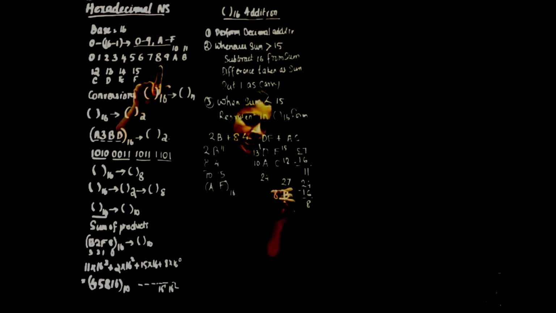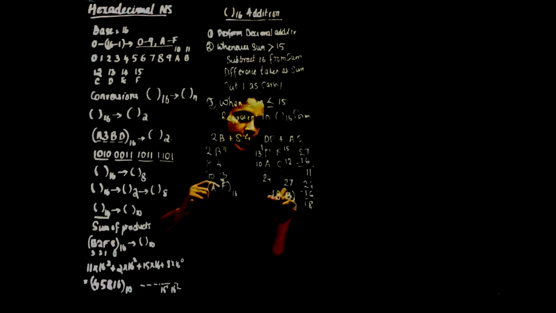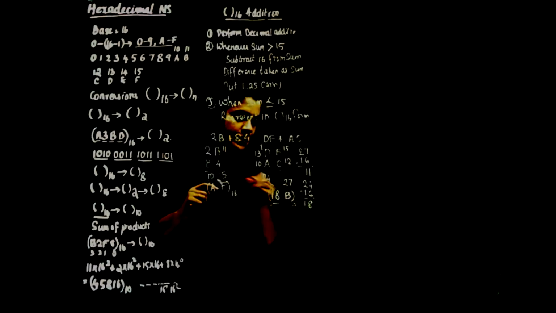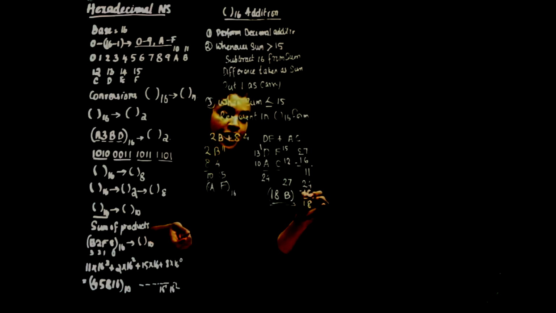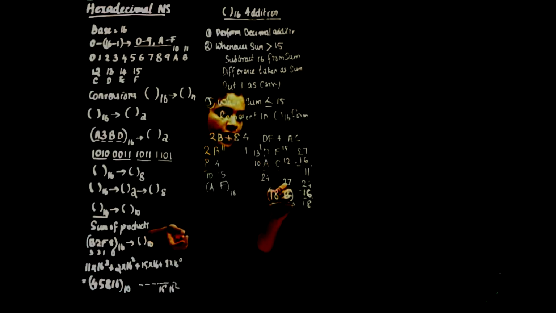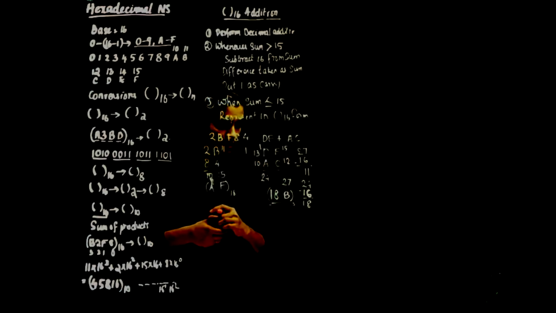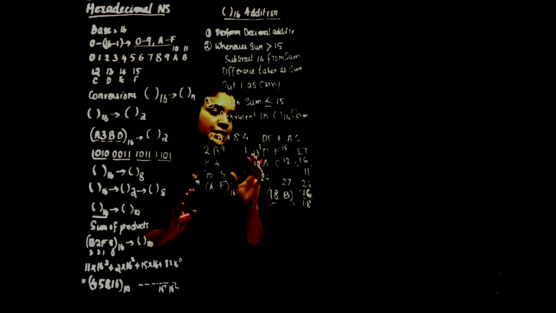So 8B, and there is a carry of 1. Add it, so 1 plus 13 plus 10 and the corresponding representation is 18B. Since we subtracted 16, put a carry ahead, that is 1. So that is 18B. This is how we perform hexadecimal addition.